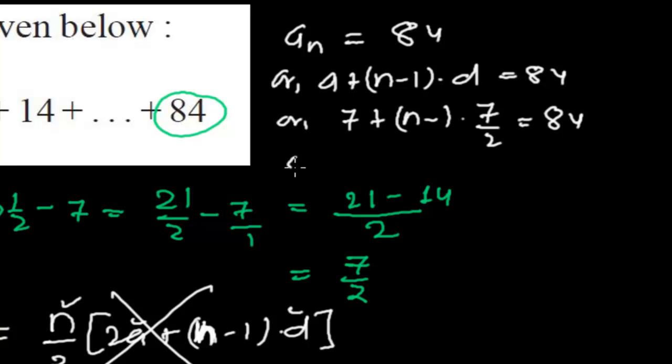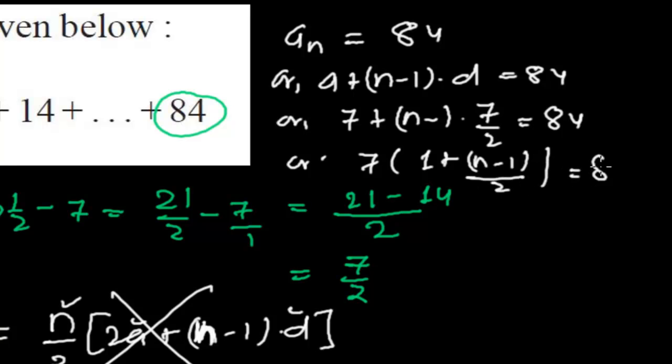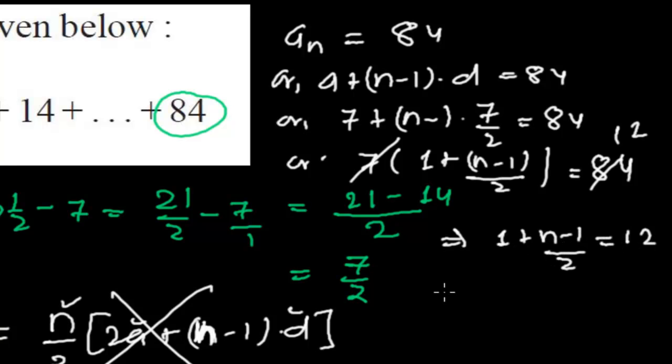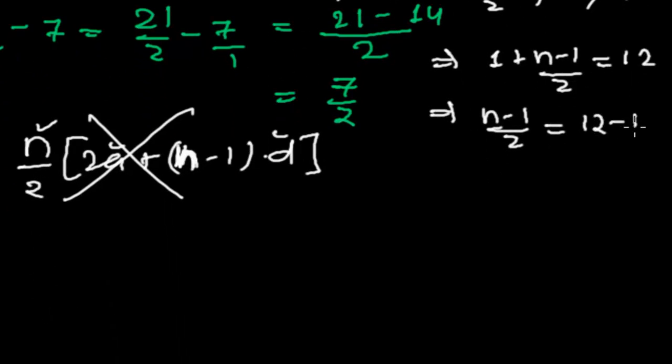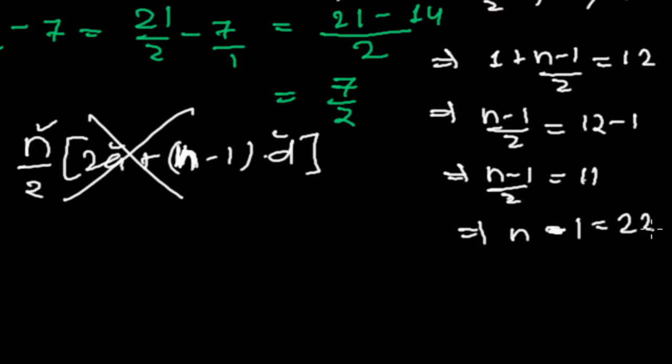So 7 is common in both terms: 7 times 1 plus n minus 1 divided by 2 equals 84. 7 twelves are 84, so I can cancel, and I get 1 plus n minus 1 upon 2 equals 12, or n minus 1 upon 2 equals 12 minus 1, or n minus 1 upon 2 equals 11. Then n minus 1 equals 2 elevens, which is 22, and then n is equal to 23.